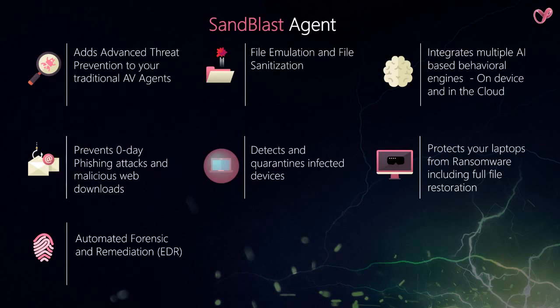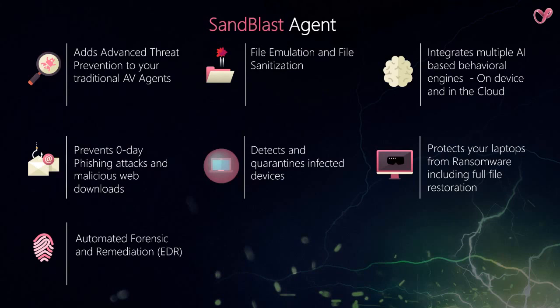And for unknown attacks, we need artificial intelligence, predictive machine learning, post-execution and pre-execution machine learning techniques, and zero-day protection, and everything. And at last, during the response stage, we should have the forensic analyzer, which is called the EDR solution.